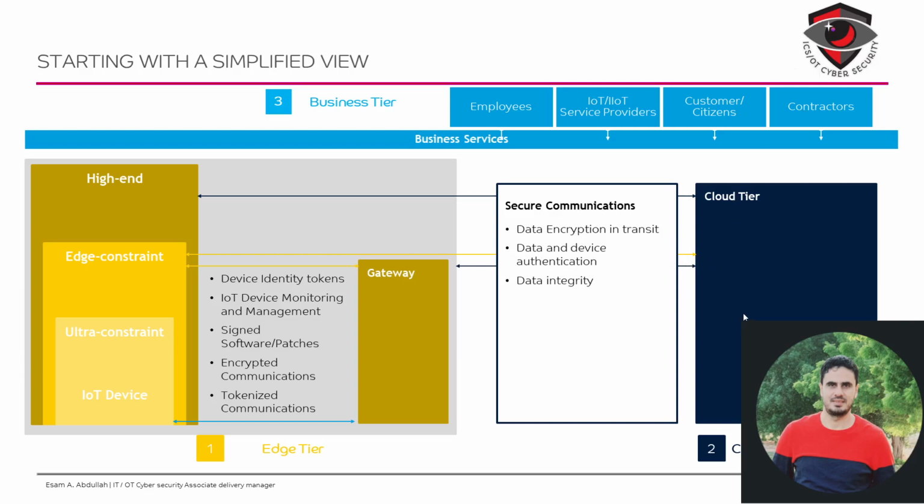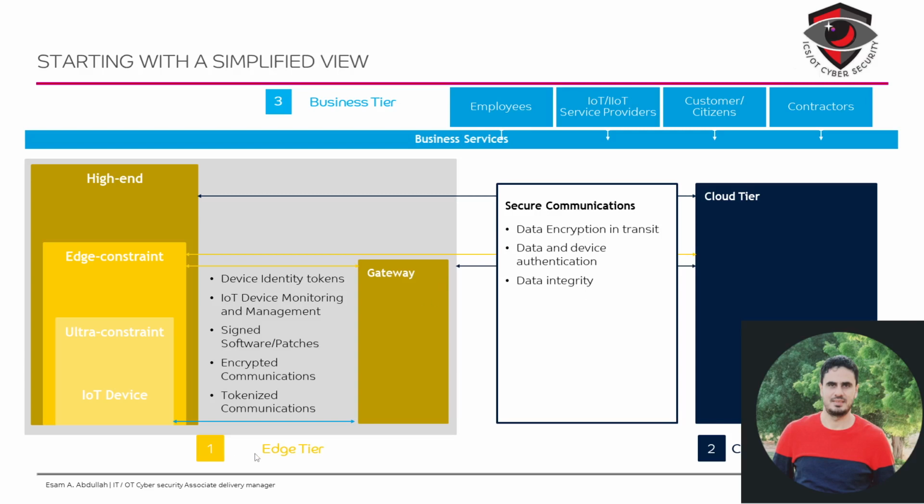One is the cloud tier, and there is a gateway or interaction between the IoT. So this is the cloud tier, and in between we are supposed to have secure communication, including data encryption in transient, device authentication, and data integrity.